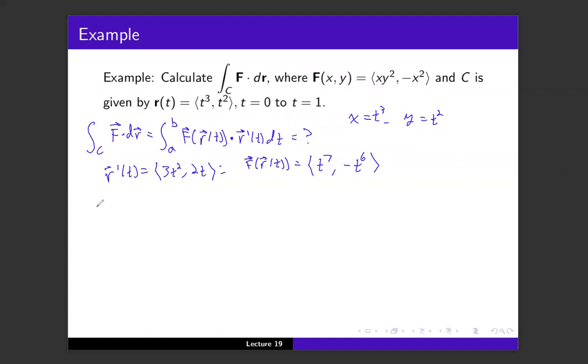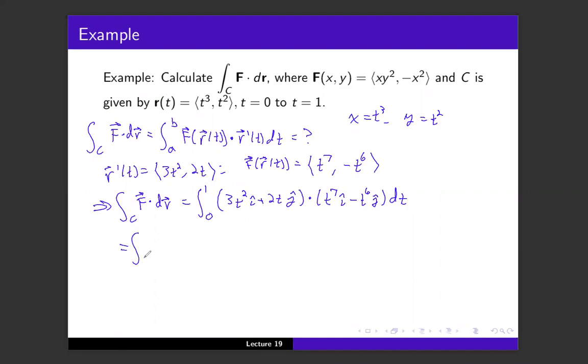So putting all of this together, the integral over C of F dot dr is the integral from 0 to 1 of 3t squared i plus 2t j dotted with t to the 7th i minus t to the 6th j dt.